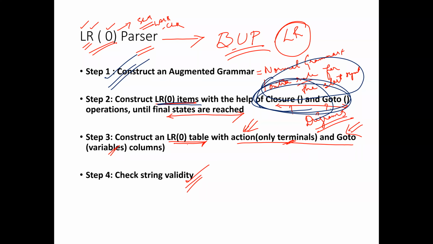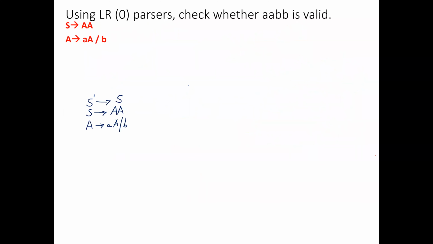Now, you have to construct LR0 items with the help of your closure and goto. For closure and goto, to calculate that, you will have an operator called dot. Now, dot actually means the lookahead pointer, or, in very simple terms, what you have to look into.